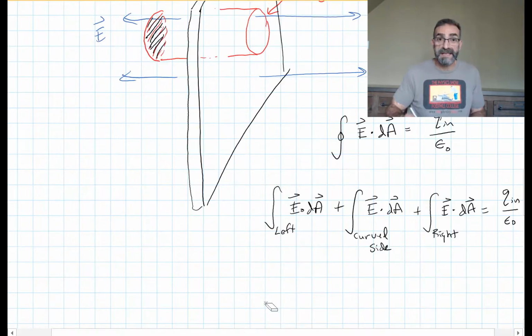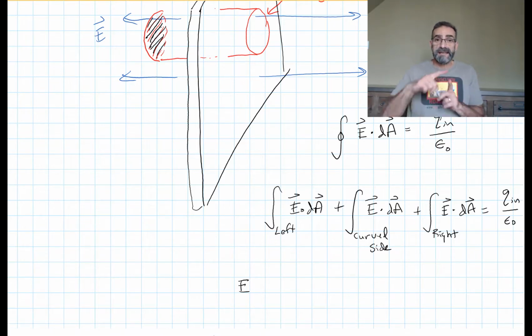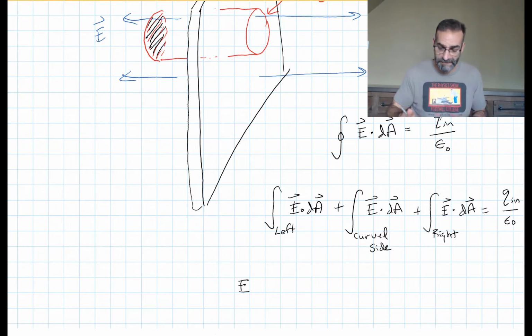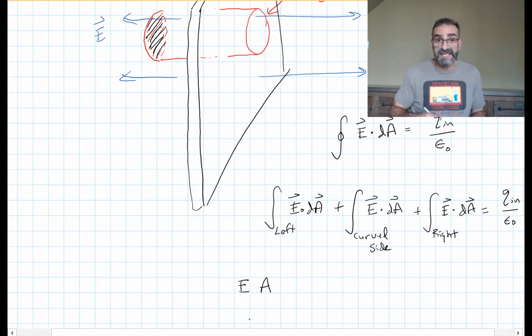The integral over the left side simplifies quite a bit because E is constant over that surface, so it comes out of the integral. E is normal to the surface, and so is our area vector, so we get a cosine of 0 degrees, or 1. And we have the integral of dA, which gives us A, the area of that side.